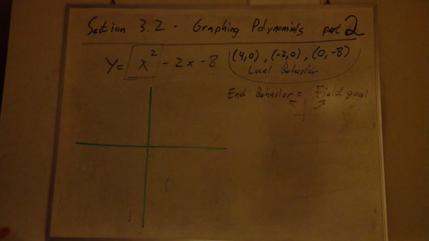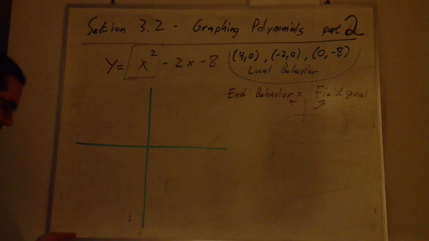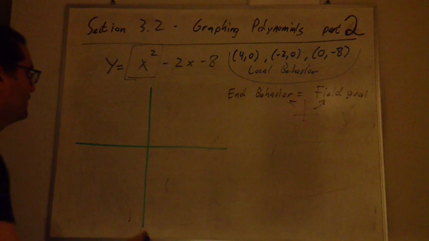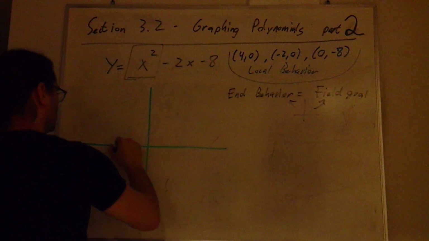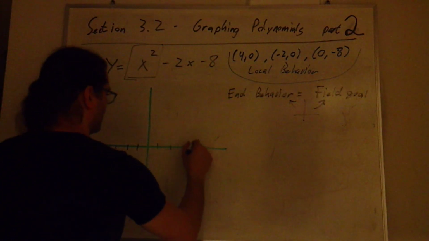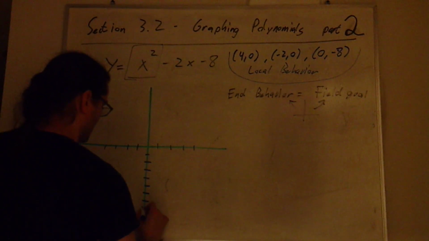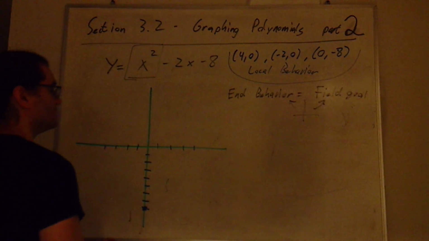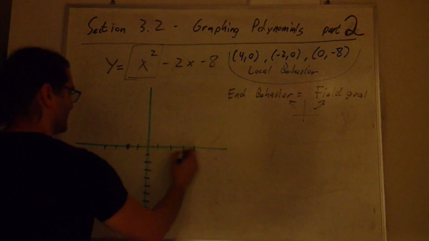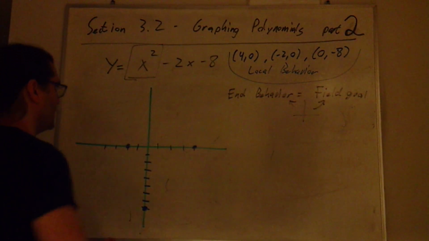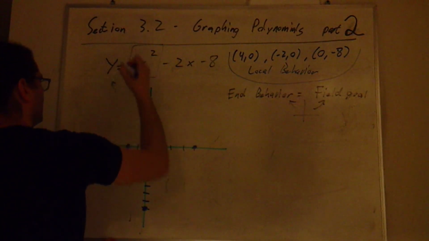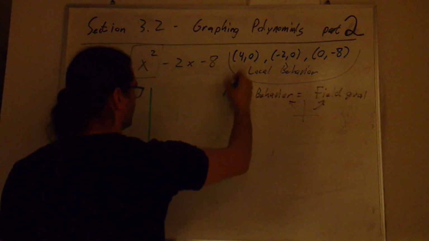Good. Okay, so here's what I know about this function, for sure. I know it crosses the y-axis at -8. I know it crosses the x-axis at -2 and at 4. And I know that the end behavior is up to the left and up to the right.